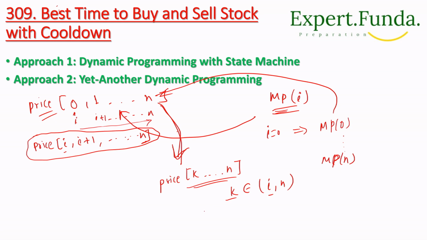Now let us add a new price point. We want to add a new price, and that price is price of I minus 1.